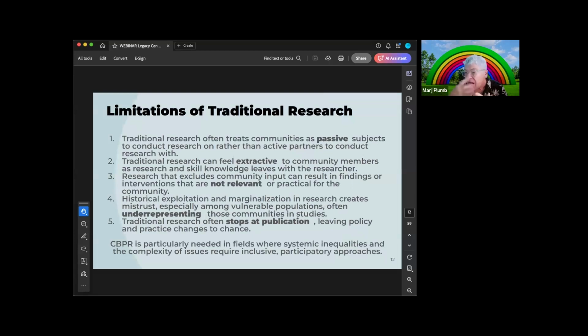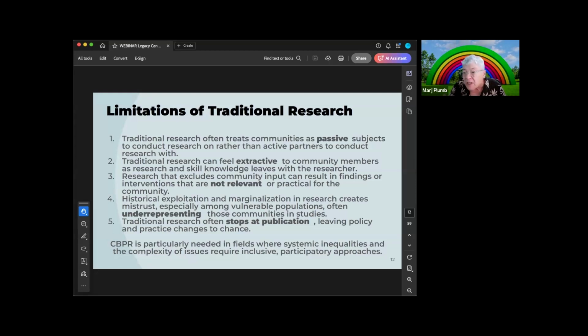Some of the limitations of traditional research, and again, there are a lot of positive things it can do. Traditional research often treated communities as passive subjects rather than active partners. It can feel extractive to community members, as both the research and the skills leave with the researcher when they're done, and that can lead to feelings of not wanting to be engaged, of being researched on.